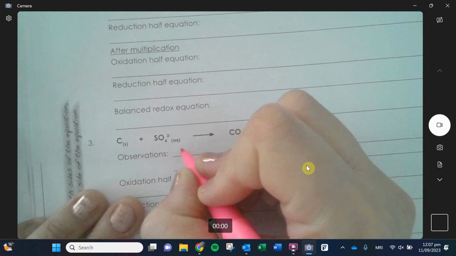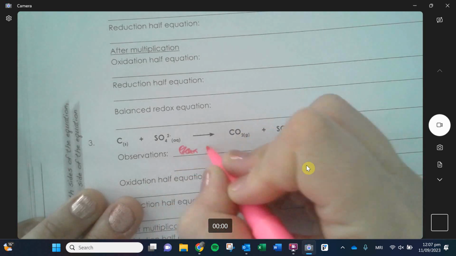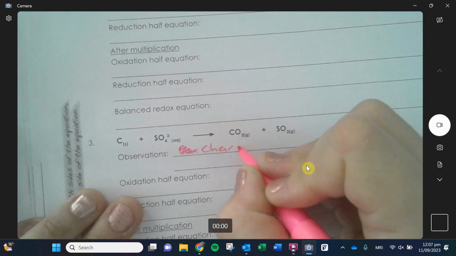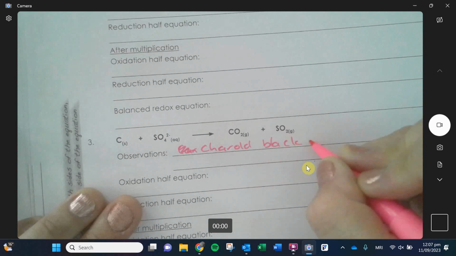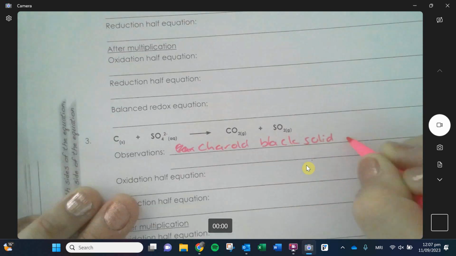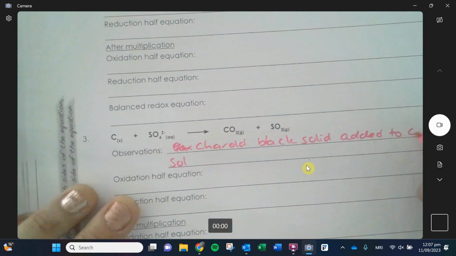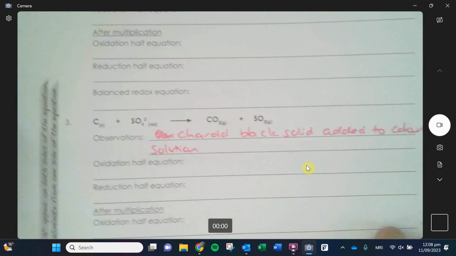So if we're going to write our observations: charcoal black solid added to colorless solution with bubbles forming.